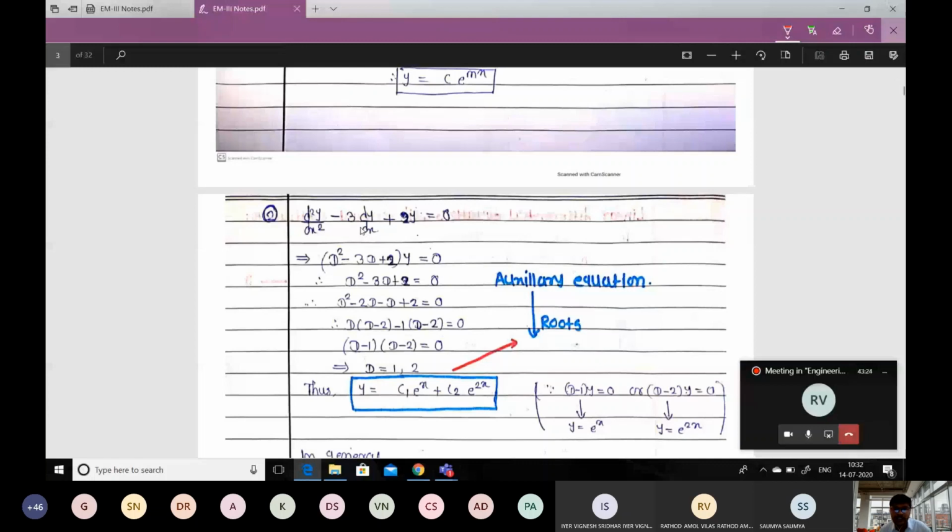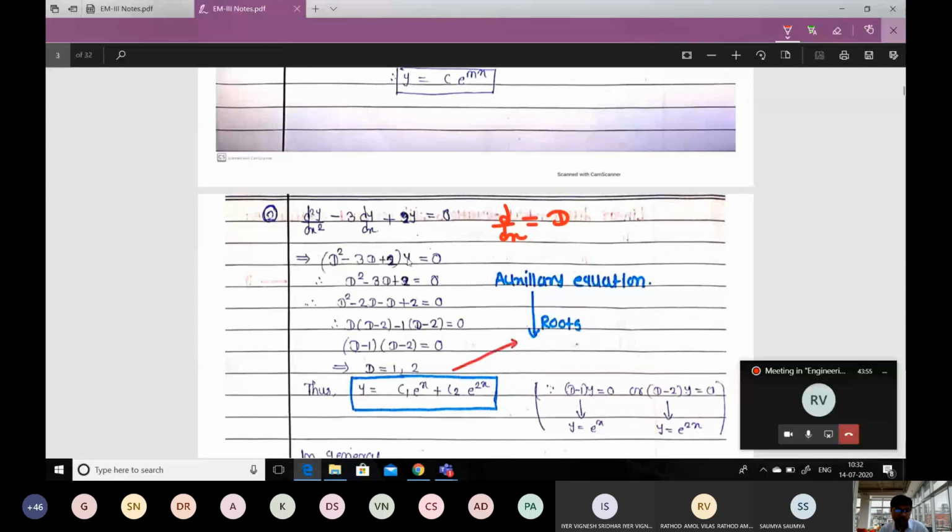Now talking about that phi of D, what is that phi of D? We take y common. If you use the notation, let me remind you, d by dx is nothing but the capital D. So if you put d by dx equal to capital D in this expression, what will happen? We get D square corresponding to this term, minus 3 D corresponding to this term, plus 2 as it is, and outside of this bracket I'm taking y common.